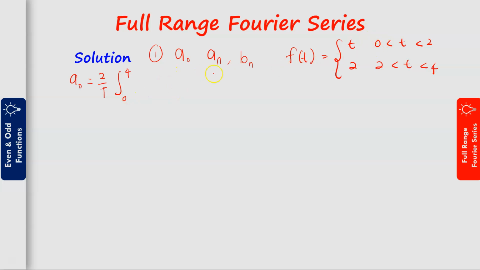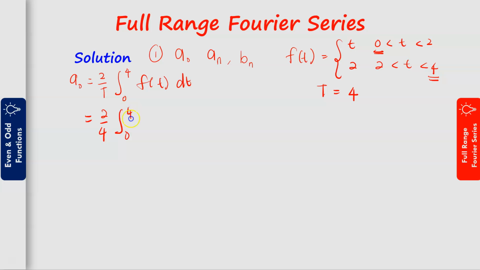So the limit of the integration starts from 0 up to 4, and the period here is 4. So we integrate the function f(t) dt. So we have here 2 over 4, which is the period.